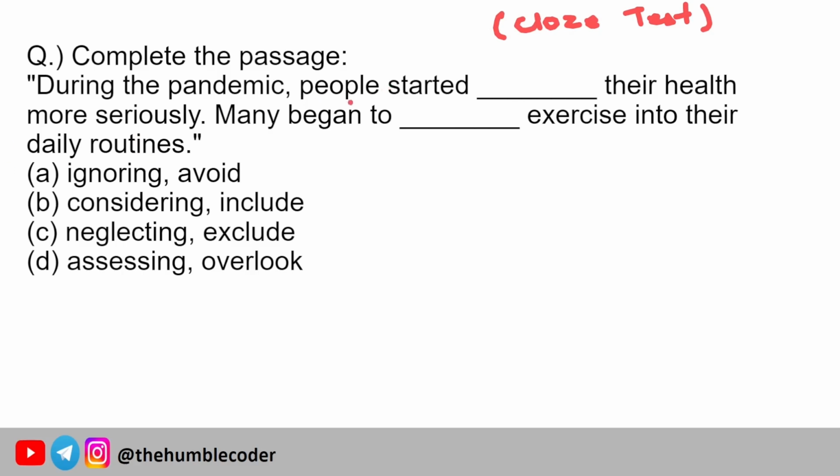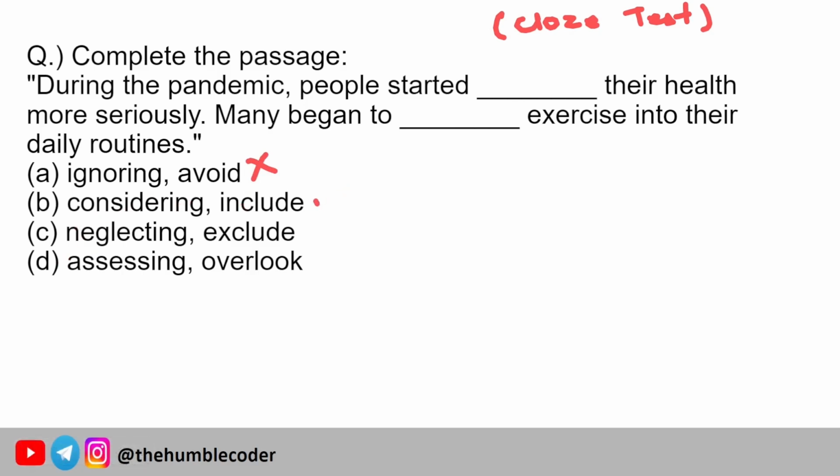During the pandemic, people started dash their health more seriously. Many began to dash exercise into their daily routines. The options are ignoring, avoid, considering, include, neglecting, exclude, assessing, overlook. Let's try to fit in the first option: many people started ignoring their health more seriously. No, definitely people were not ignoring their health. Instead, they were taking care of it. The second option, considering.